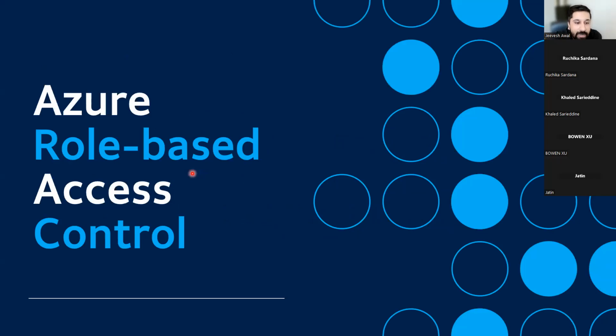Now comes the interesting part, that is RBAC, that is Azure Role-Based Access Control. In simple words, if I have to explain this in one line to all of you, for example, if 100 people are there in an organization working on Azure, using role-based access control, you can define rules on who is allowed to do what to each and every resource, depending upon what role you are in.